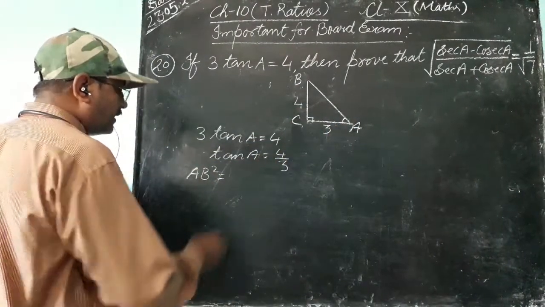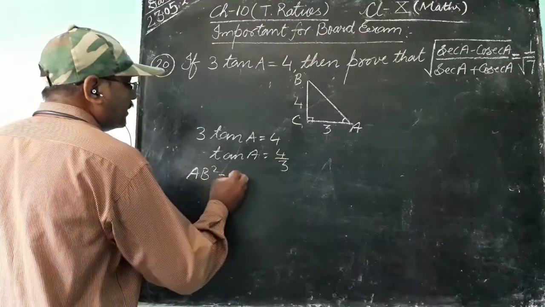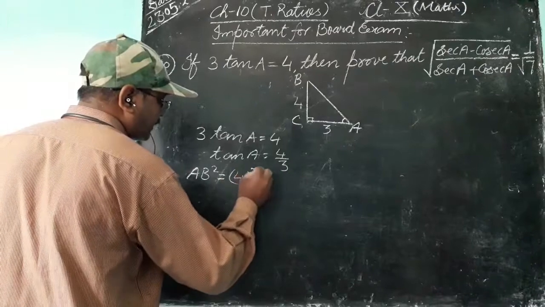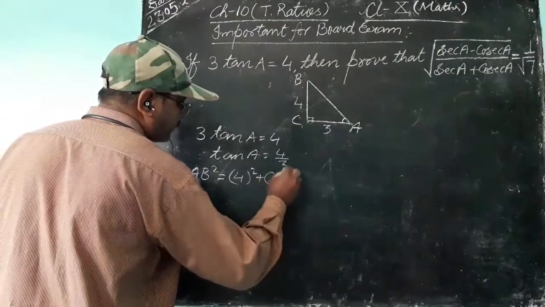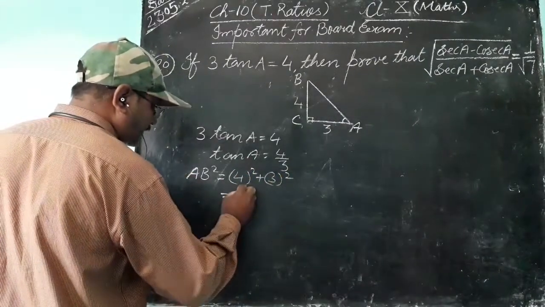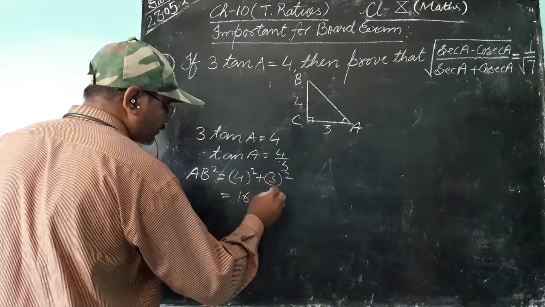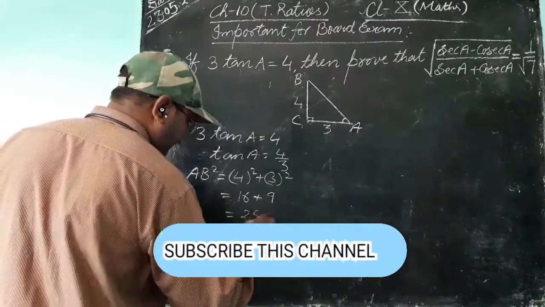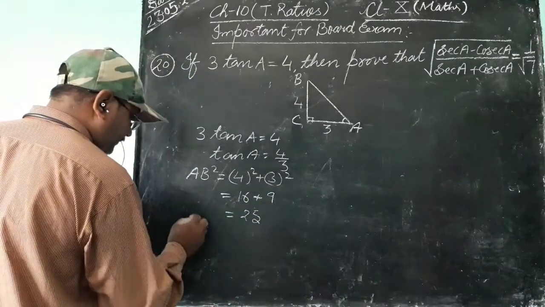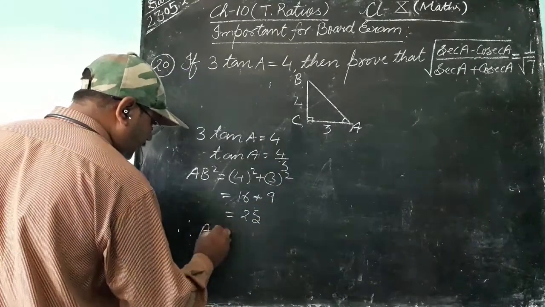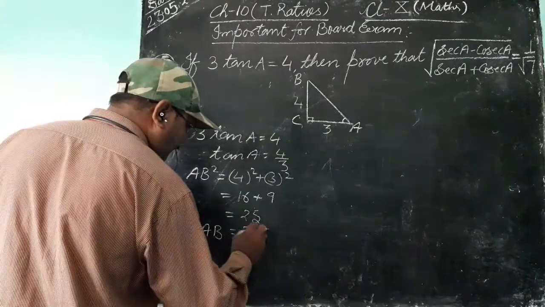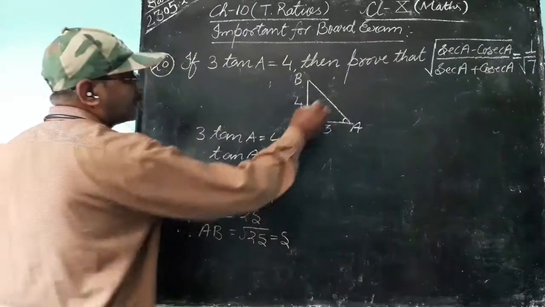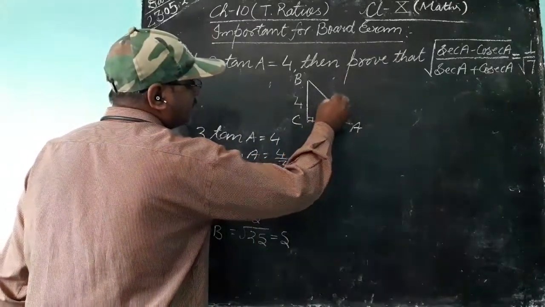Clear? So 4 square plus 3 square. 4 square is 16, 3 square is 9, equal to 25. Therefore, AB is equal to under root 25, which is 5. So the hypotenuse AB will be 5.